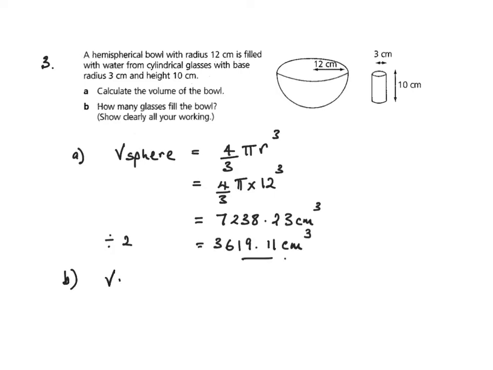Part B. The volume of a cylinder is given by the formula pi r squared h, so it's pi times 3 squared times 10, and that gives us 282.74.